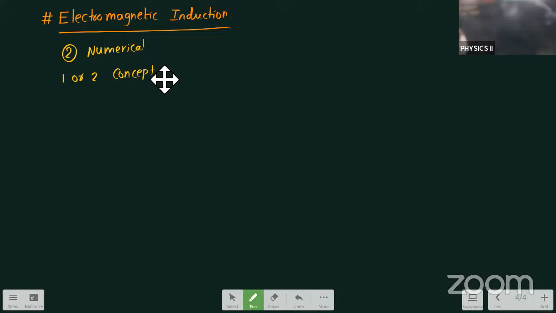Out of these 2 numericals or 1 or 2 concept questions, you will definitely get one question in your annual examination. First of all, I will discuss the numerical. Once I discuss the numerical, I will give the important question that may be asked in your annual examination, that is regarding eddy current. After that, I will discuss the eddy current answer. Now here, carefully write down these numericals.